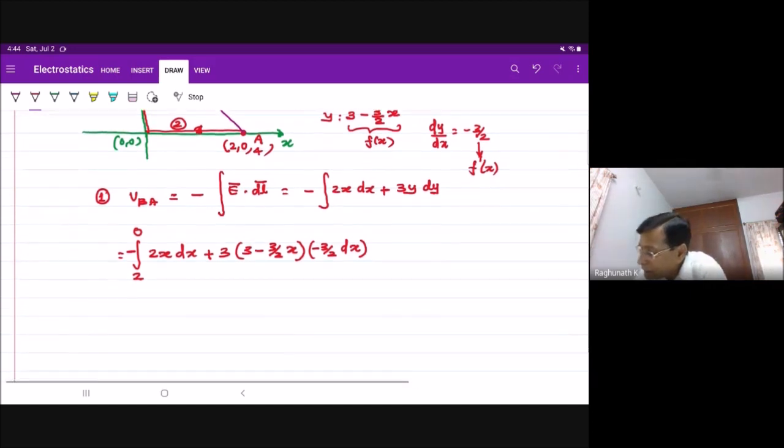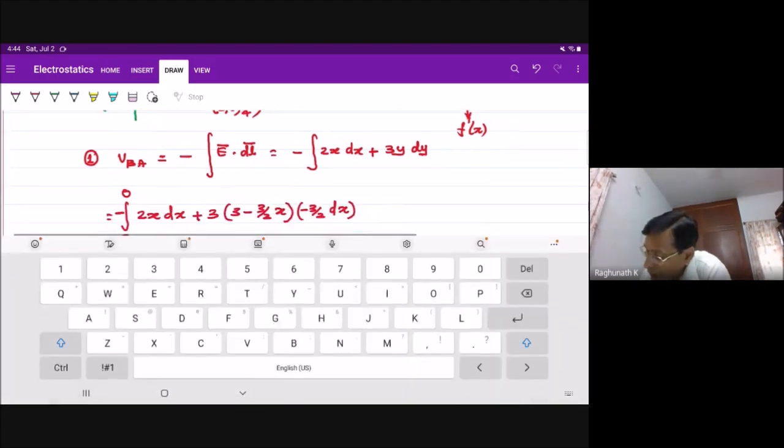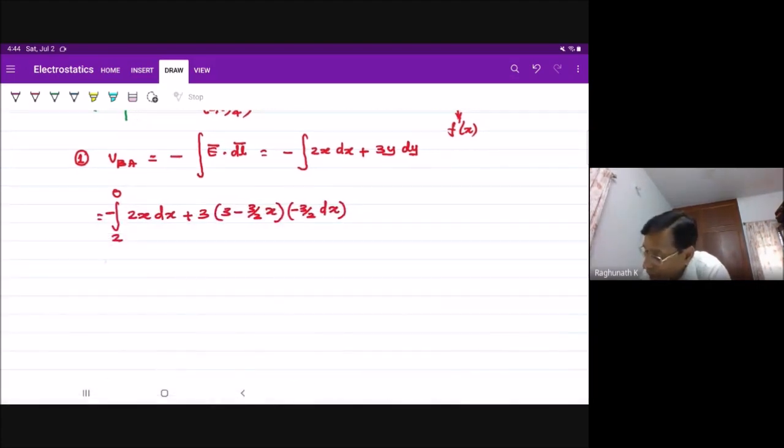What is this integral now? Minus integral 2 to 0. Together, what is the function to be integrated? 2x plus 3y, that is 9 by 2 minus 9 by 2x, into minus 3 by 2.